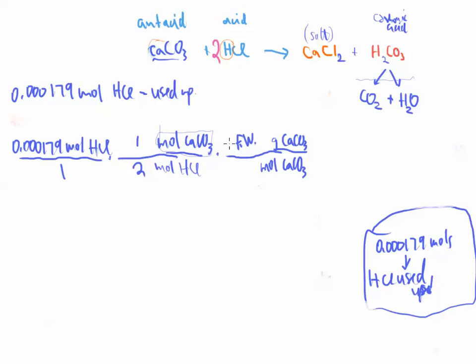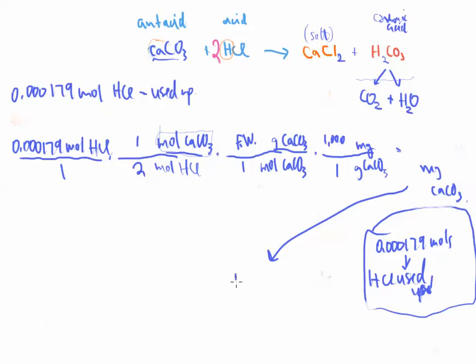But this is where the formula weight goes. It tells you how many grams there are in 1 mole. In the next step, gram of calcium carbonate on top, gram of calcium carbonate on the bottom. I need to get to milligrams. So 1,000 milligrams is in a gram. And this will give me milligrams of CaCO3. And hopefully, this will be the same milligrams as there were in my tablet.